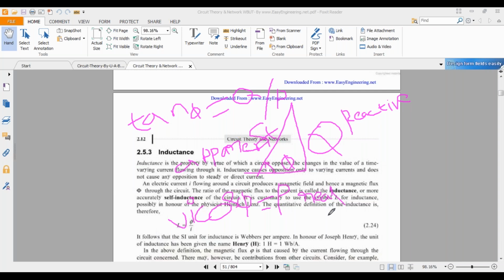Its unit is watt. And reactive power Q is nothing but VI sin phi, sine of this angle.